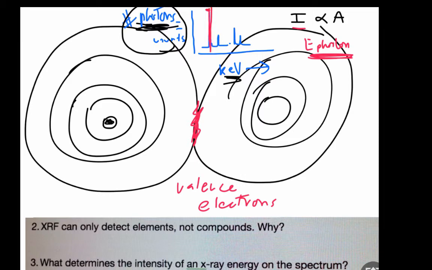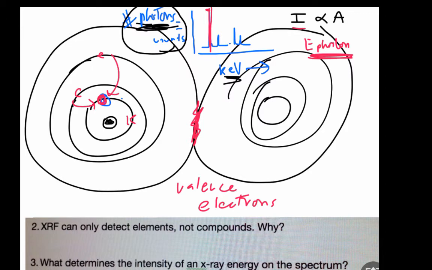So this has more that have this energy than have this energy, and that is simply due to the fact that it's more likely when you, let's say, knock an electron out, boom, this goes out of this and leaves an empty seat here. When you knock that out of the K level, it is more likely that the replacement will happen from the next shell versus 2 shells away.